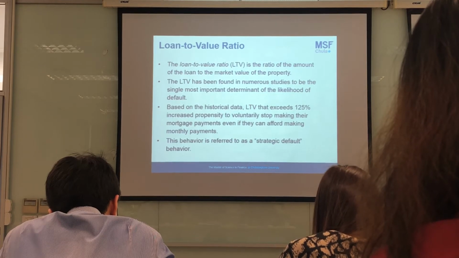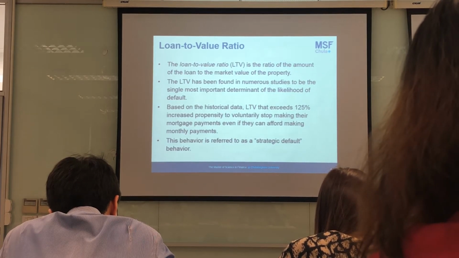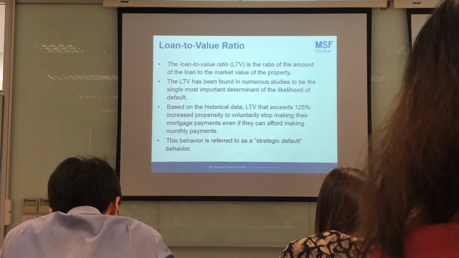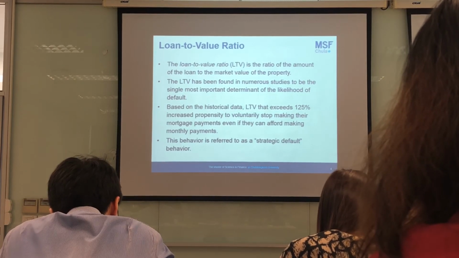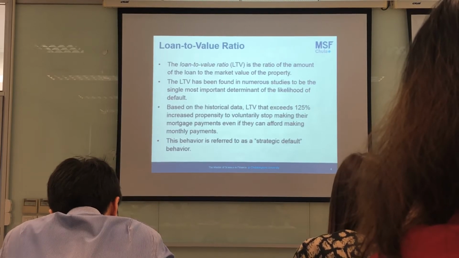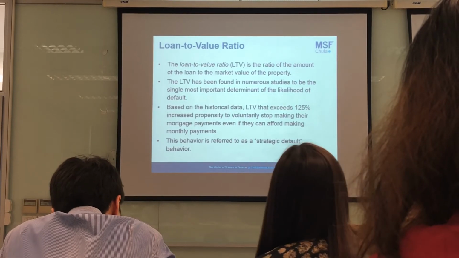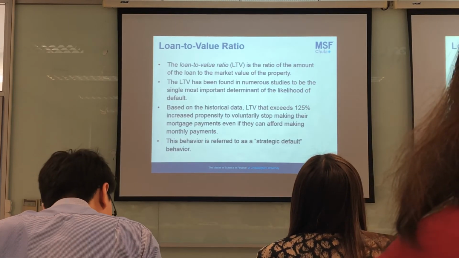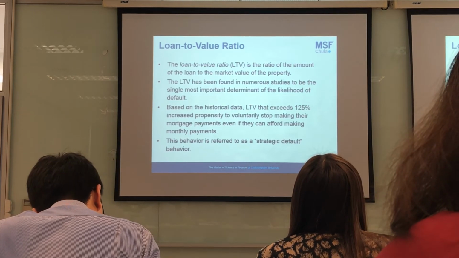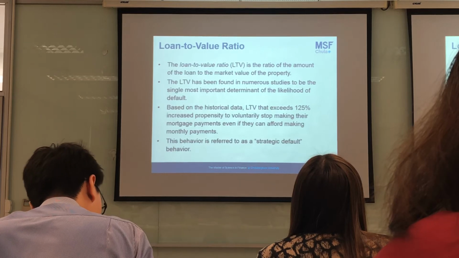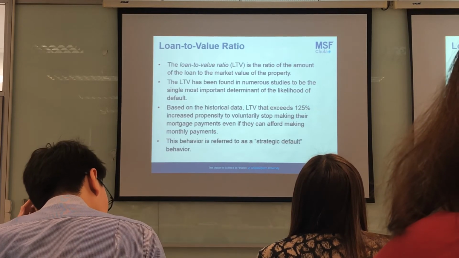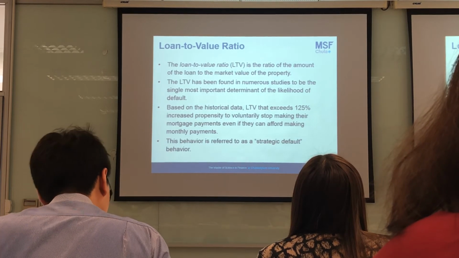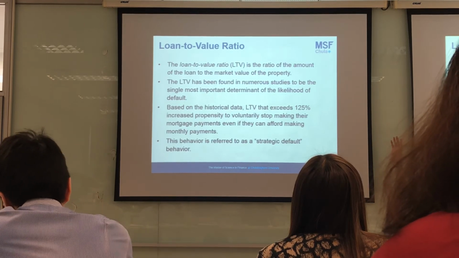Basically, it's the proportion of the money that we can borrow relative to the value of the house, the appraised value or the market value. Suppose that the LTV is 100%, it means that you borrow 100% from the bank.